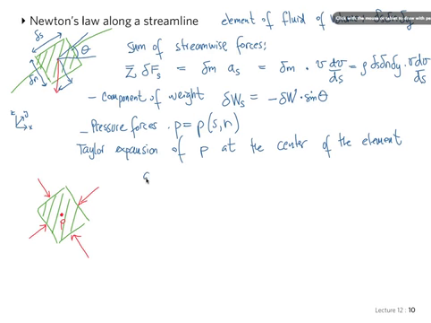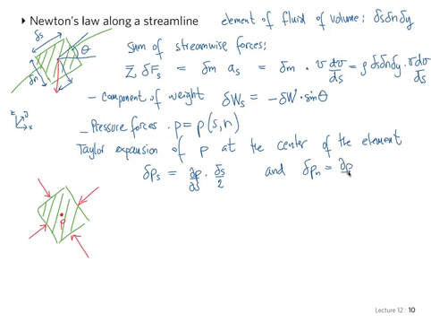And so, for example, dPs, the change in P in the S direction, is the partial derivative of P with respect to S times, from here to there, we're moving only ds half, because we're looking at the pressure at the center. So times ds half. Also, in the normal direction, we would have dP normal equal to dP dN times dN half.